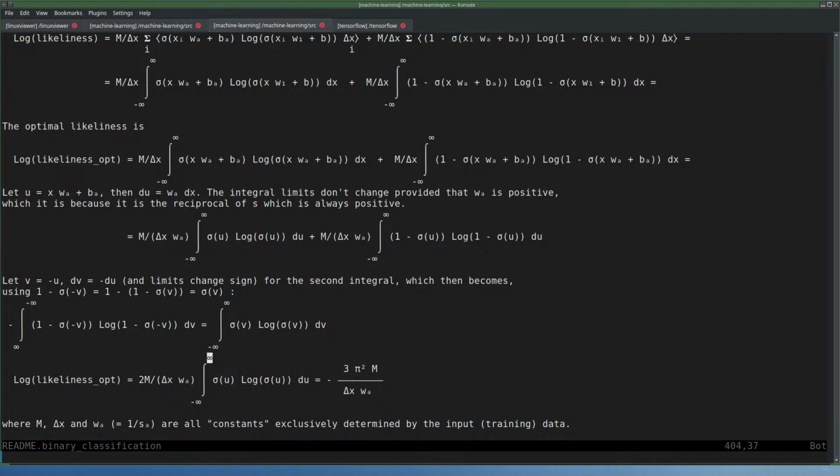I guess I start with calculating the integral from 0 to infinity of this. See if I can get to 1/12 pi squared minus 1/12 pi squared.